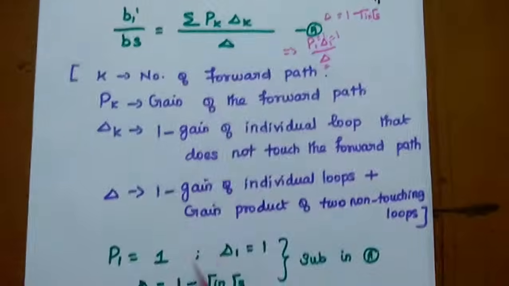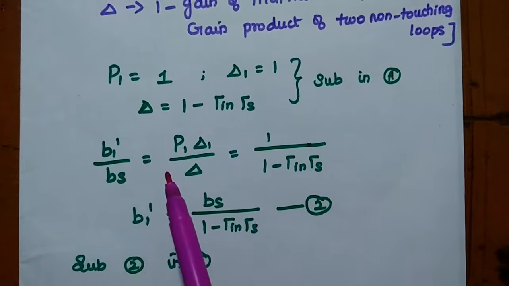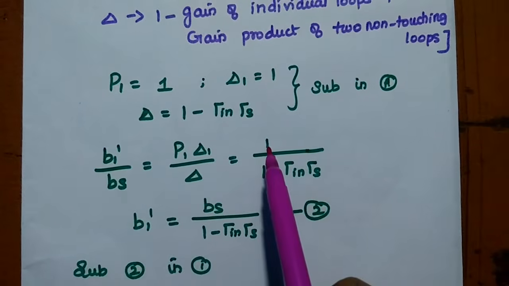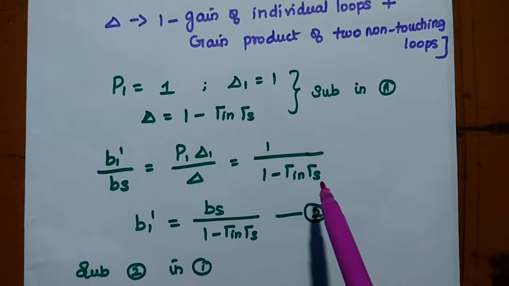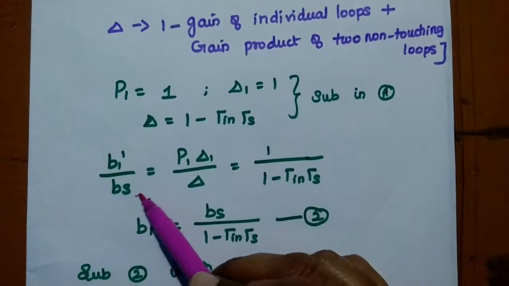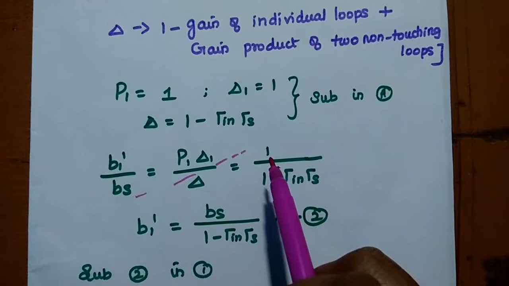Now we get B1 dash by Bs is equal to P1 del 1 divided by del, that is equal to 1 divided by 1 minus gamma in gamma s. From this we move Bs to the right hand side in the numerator.